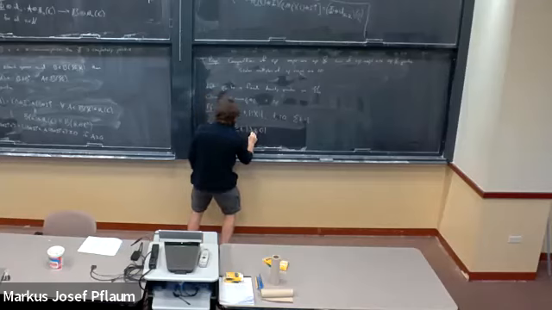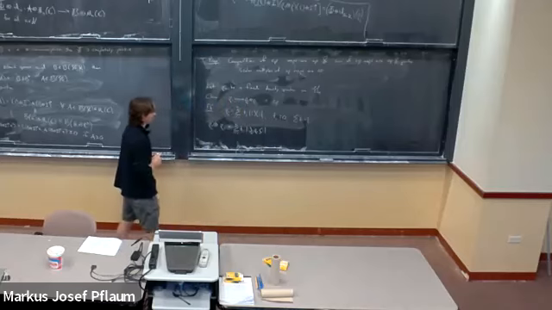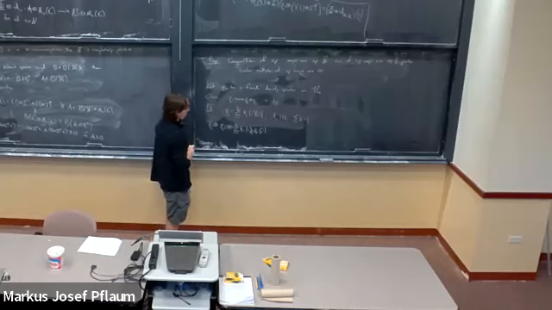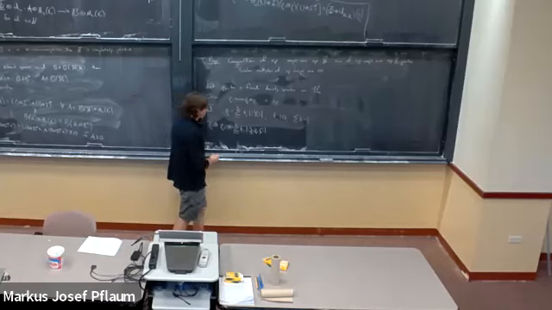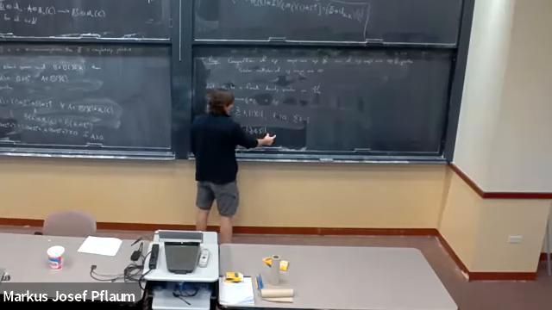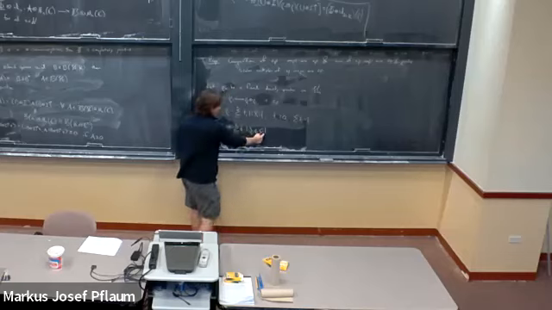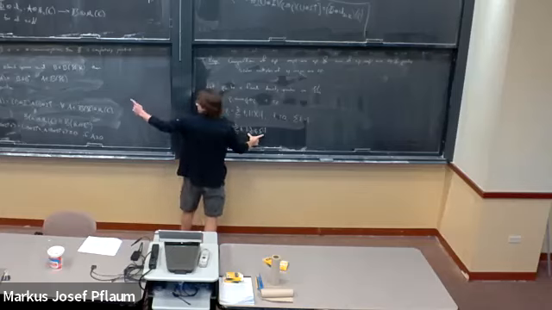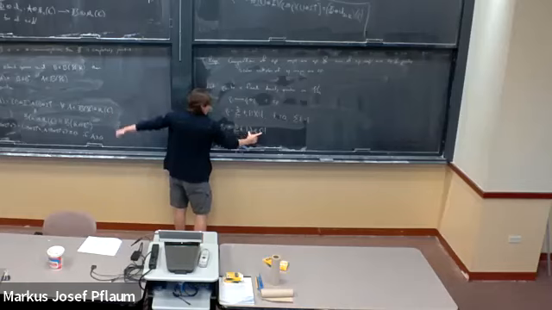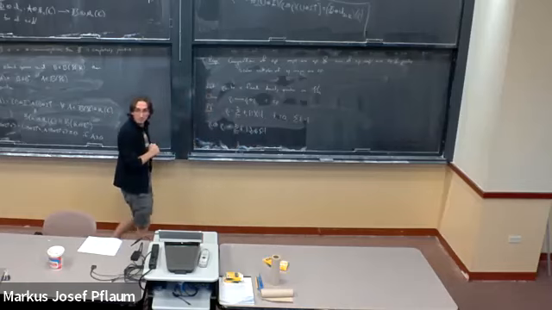I could put a little subscript saying that they're living on H0. So this is a map from H0 tensor H1 to H1, this is a map from H1 to H1, this is a map from H1 to H0 tensor H1, and this is the conjugate of that. So this thing is completely positive by that proposition, and I've summed up a bunch of completely positive maps.